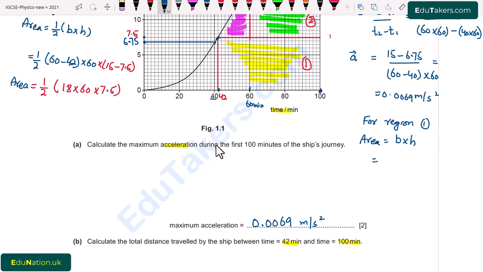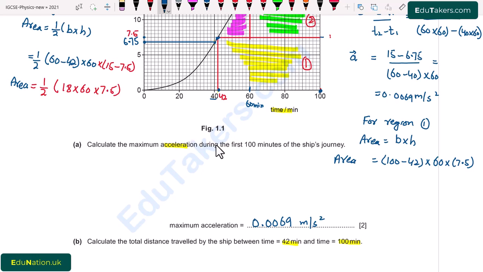So I write here 100 minus 42. These are in minutes. We have to convert into seconds. That's why I multiply it with 60. And the height is basically speed. So we can see from here that the speed at that line is 7.5 and initially it is 0. So it will be 7.5, which is the area of the first region.